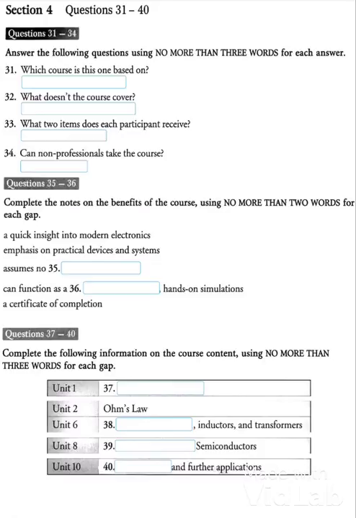Unit 3 focuses on op-amps, providing an introduction to the ideal op-amp and its applications. The next slide tells us that Unit 4 is concerned with capacitors and AC circuits: the theory and applications of capacitors and their use in transient and AC circuits. Unit 5 looks at frequency response and filters, including both passive and active filters.